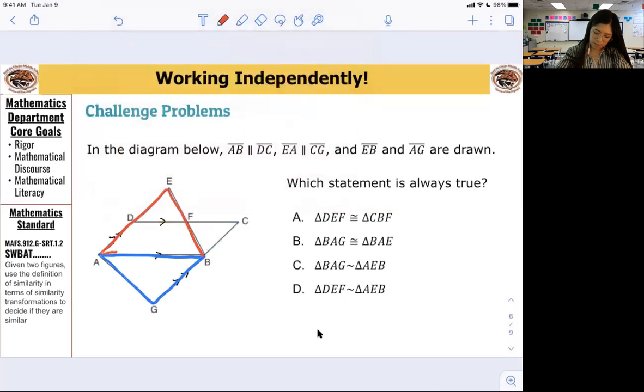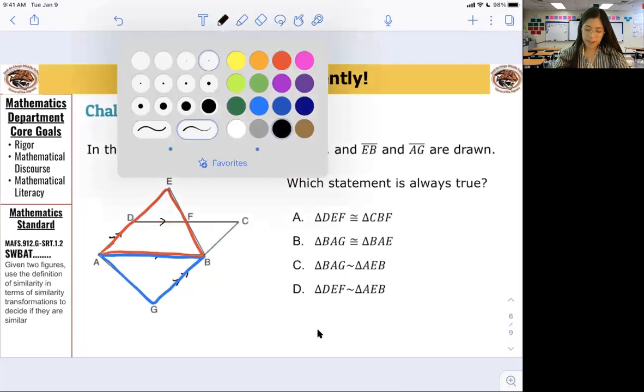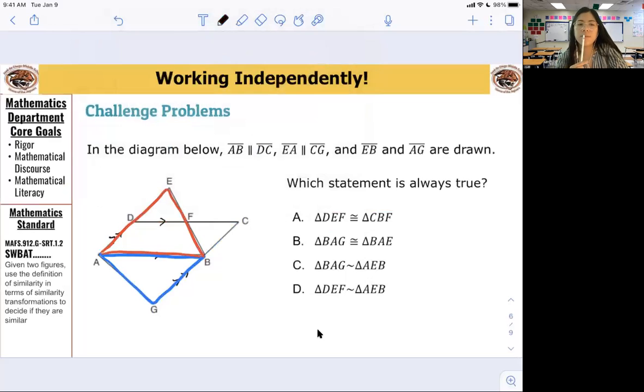Now, I know Miss Lopez says all the time, don't trust your eyes. But let's trust our eyes just a little bit. Do these look congruent? Some angles look congruent, but not the sides, right? In fact, do they have any sides in common?